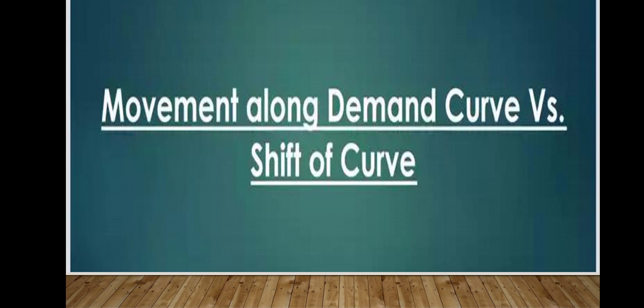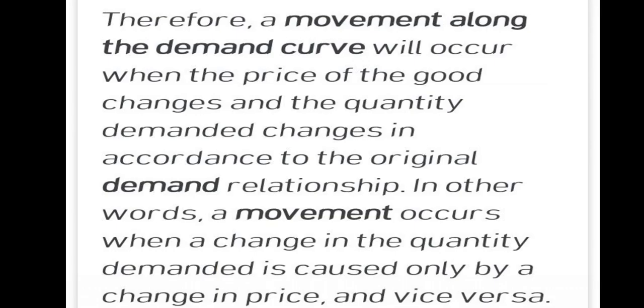Now we have movement along the demand curve and the shift of the demand curve. Movement along the demand curve will only occur when the price of the commodity changes. So movement along the demand curve is only related to the price and the quantity demanded.